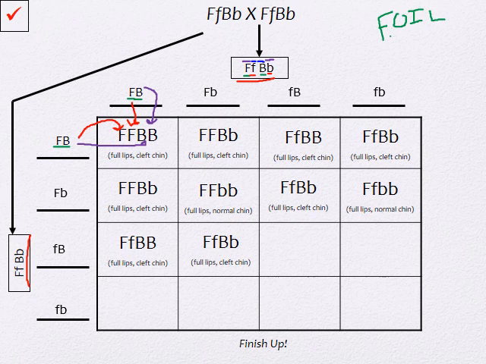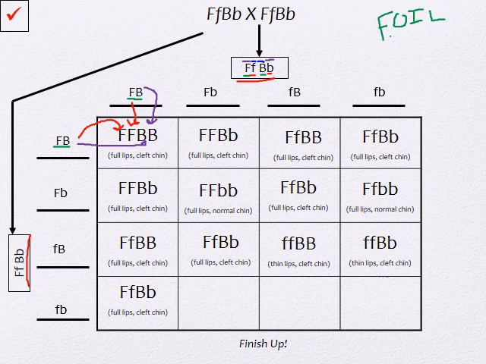After that, big F, big B, little b, full lips, cleft chin. Our third one, little f, big B, giving us thin lips and a clefted chin. So now we are showing the recessive for lips. Here we've got little f, big B, little b, giving us thin lips and a clefted chin once again.